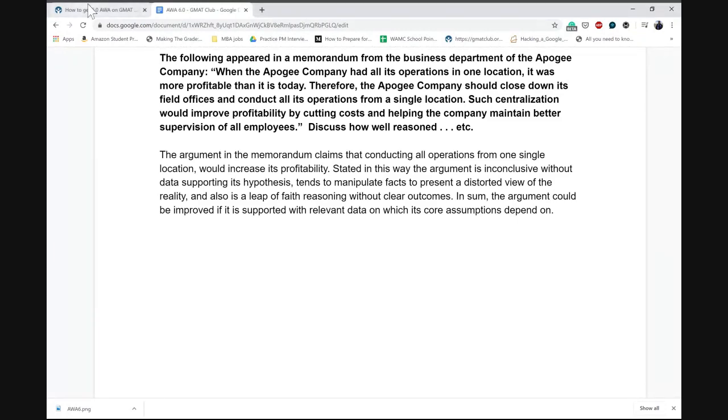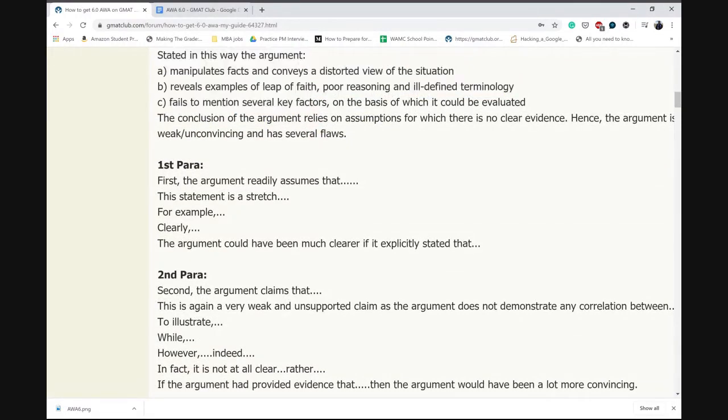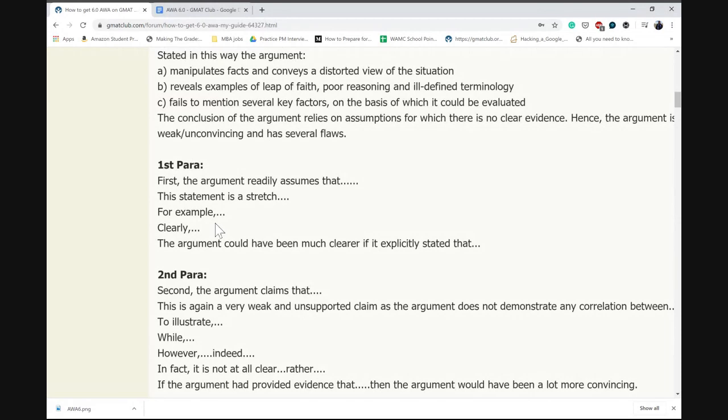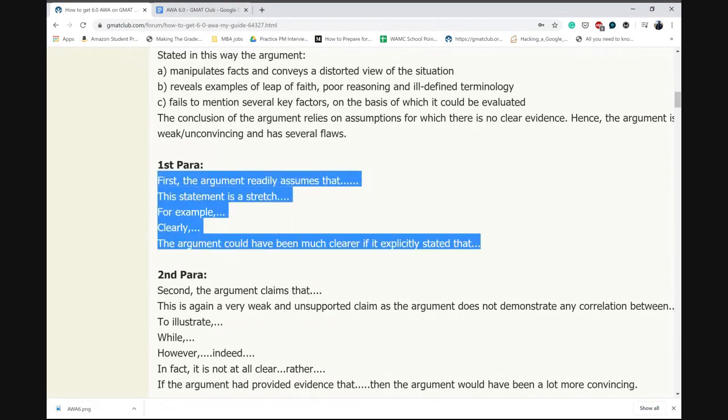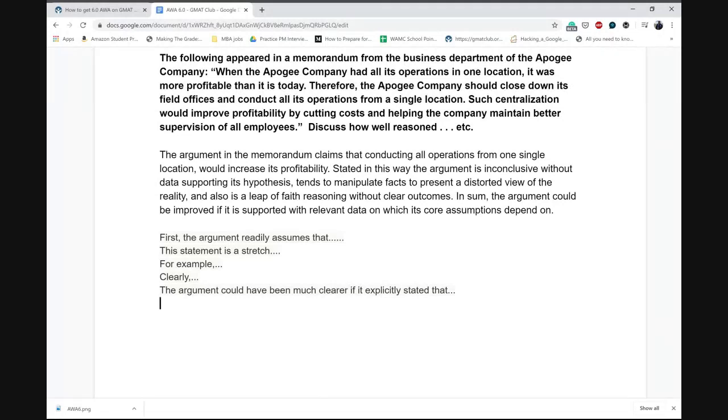So I'm going to move on to the first step of the argument, right? So let's see what the template wants me to do. The first paragraph should be first, the argument readily assumes that this statement is a stretch. For example, clearly, the argument could have been much clearer if it explicitly stated that. So things of that nature, right? So I want to copy this and I want to paste it here so that it's in my head when I'm writing it.